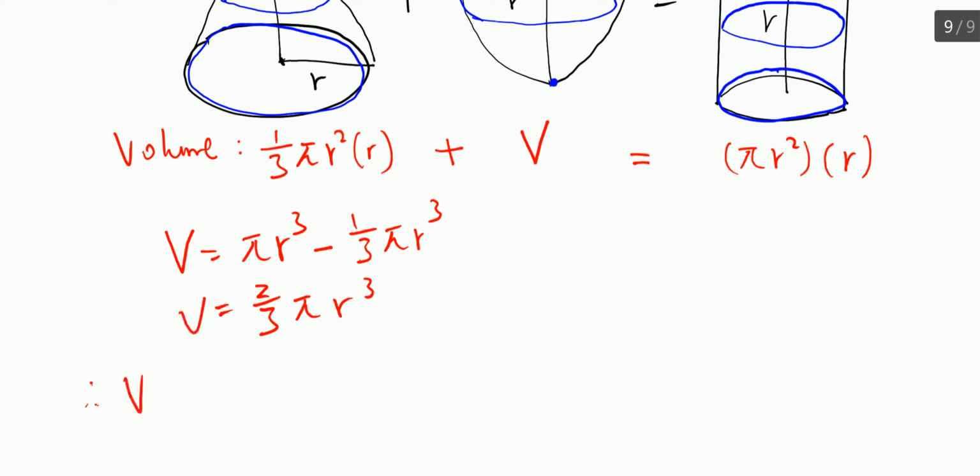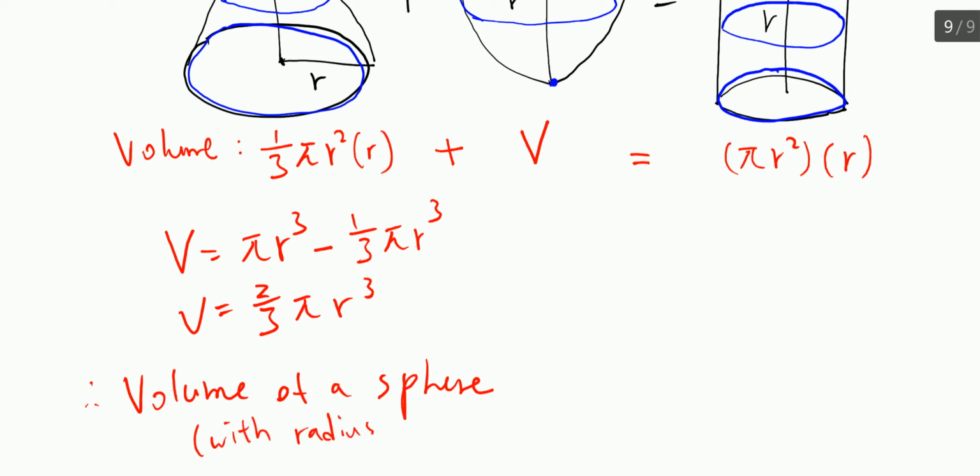So we can understand the volume of the sphere with radius r. What does that equal? That is just 2 times V, so 2 times 2/3 pi r cubed.